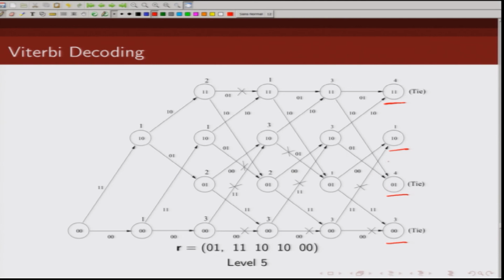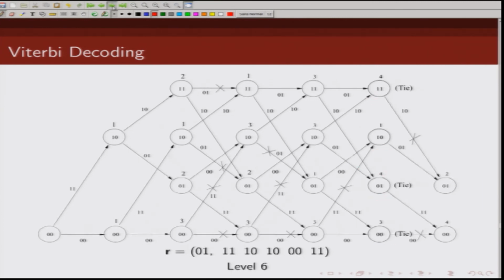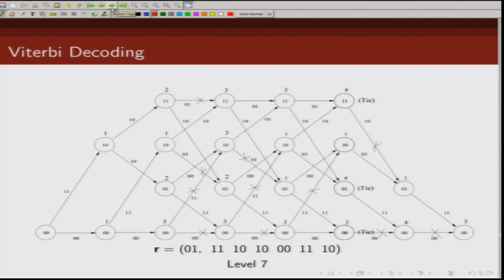And when you have multiple branches converging at a particular state, you need to pick the branch which will give you the best path metric. That will be your surviving path and you need to keep track of the metric value as well. We continue this step until we come to the end.